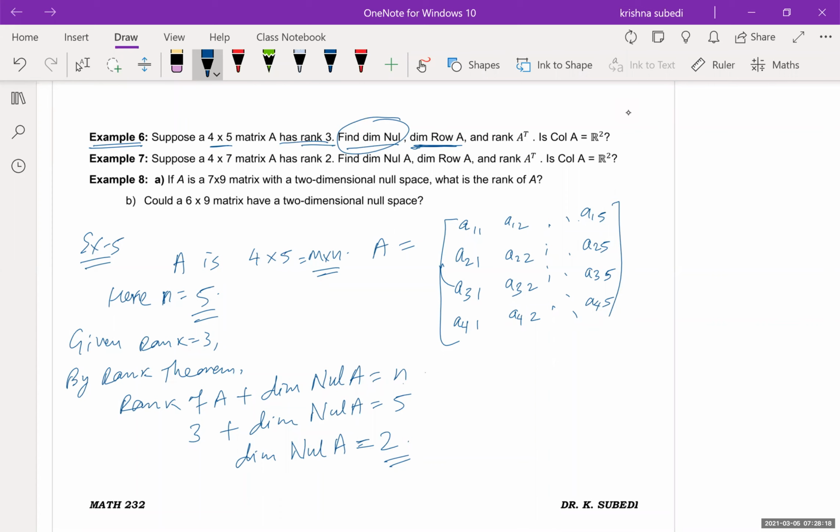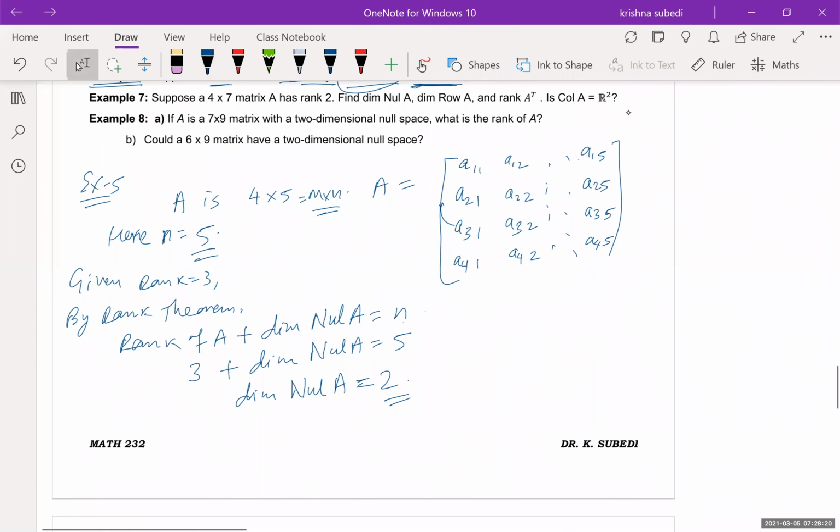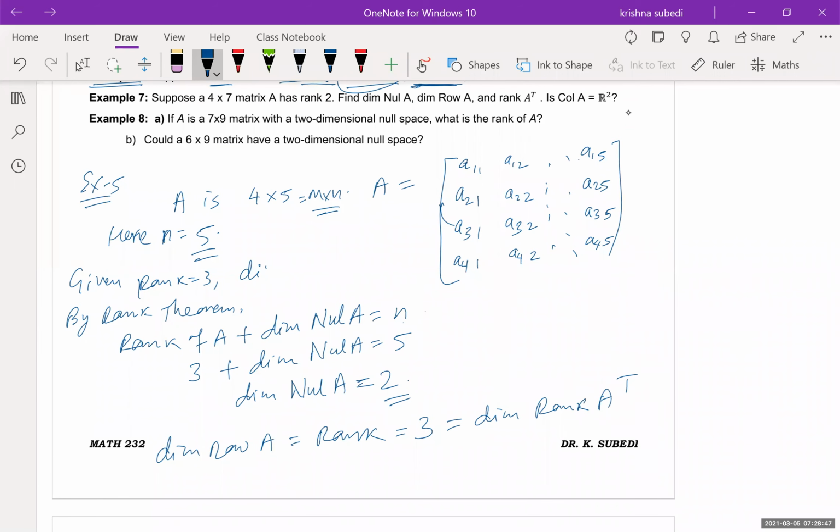This one is done. Now you need to find the dimension of row A. So we know that dimension of row A and dimension of column A are the same. So the rank 3 means dimension of row A equals 3, which equals the rank of A transpose as well, right?